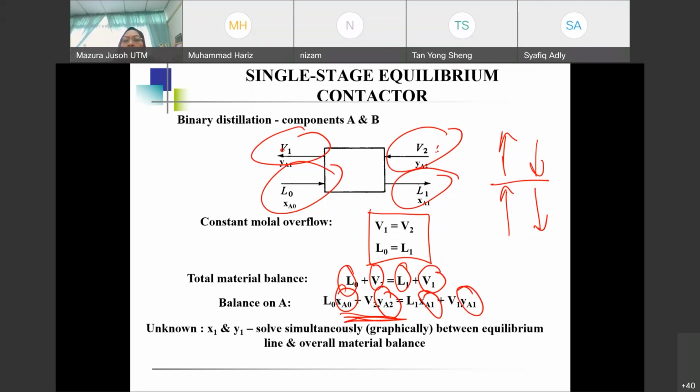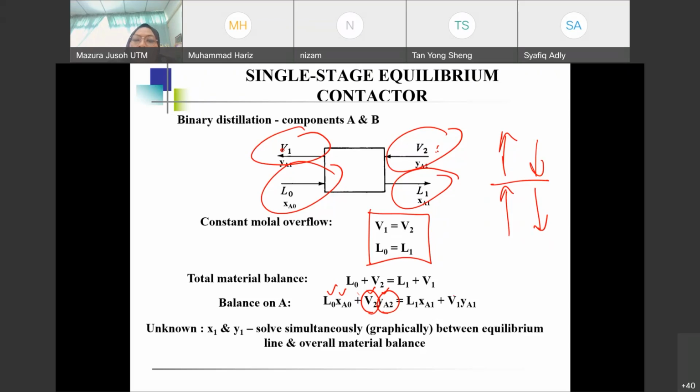Now if you look at this equation over here, what you normally have is the initial values of L naught. You can set that. You know the composition for the liquid, and you know the flow rate and composition of the vapor coming into the column.